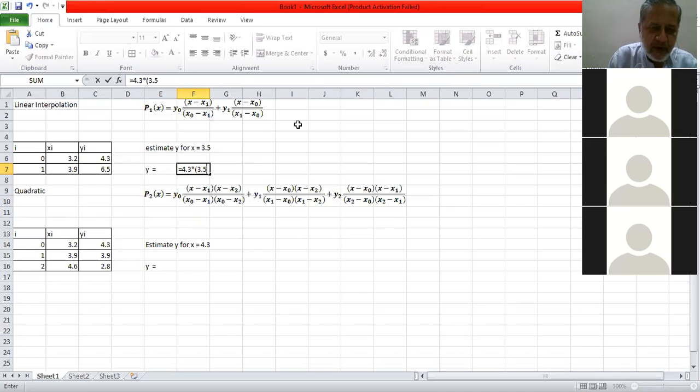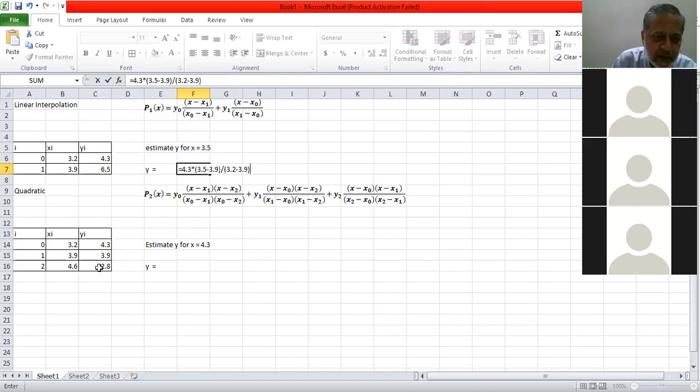So 3.5 minus 3.9 divided by x naught minus x1. X naught is 3.2, sorry, 3.2 minus x1, and x1 is 3.9. That completes the construction of the first term.